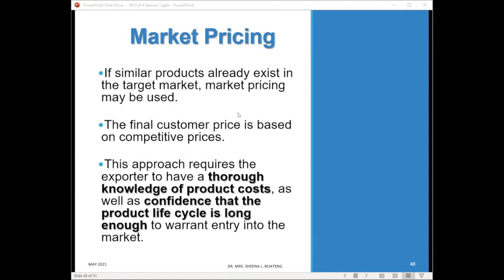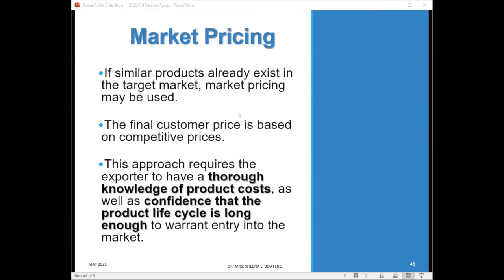Now, this kind of pricing requires the exporter to this foreign market to have thorough knowledge of product costs, as well as confidence that they will be able to recoup the value of their products and how much they spent in manufacturing it along the life of the product cycle by pitching their price at the market price level as it's being sold by all the competition.